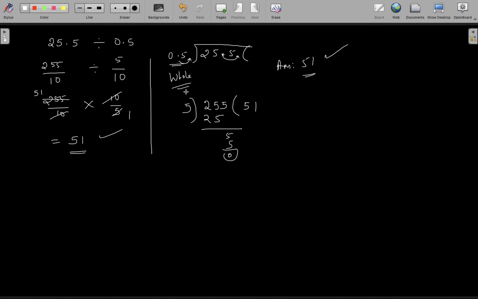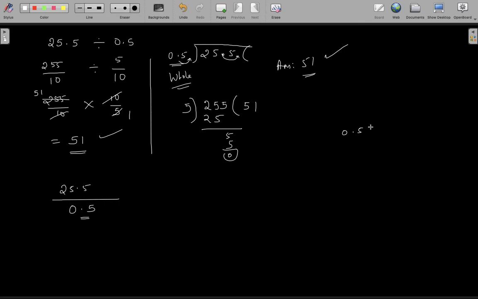Now before we look at a few other examples and before we proceed further, I want you to understand the logic behind this. What have we done and why have we done? So we have 25.5 divided by 0.5. Now what I want here is a whole number in the denominator.